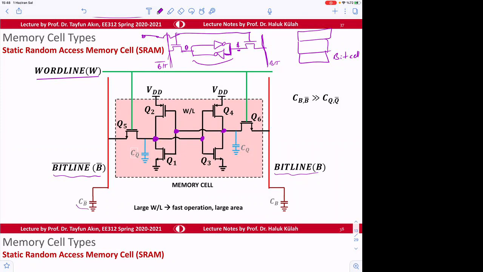changing any signal here is difficult, because this is a line where maybe thousands of bit cells are connected, so it forms a big capacitance. So writing the data from inside to these capacitances is going to be difficult.